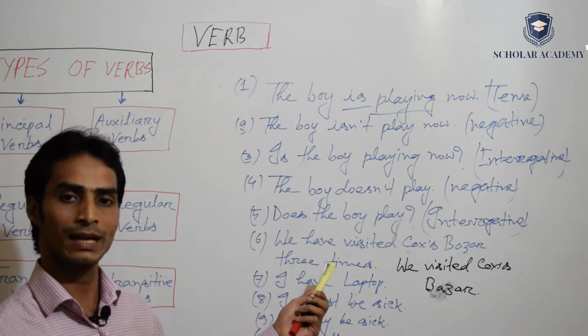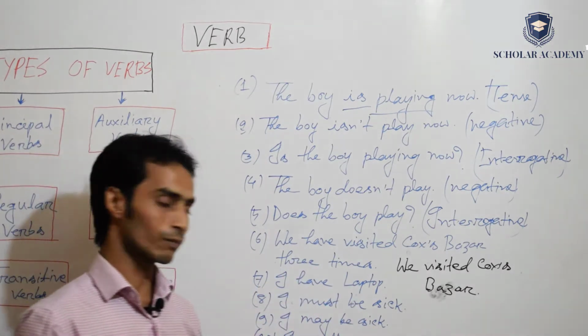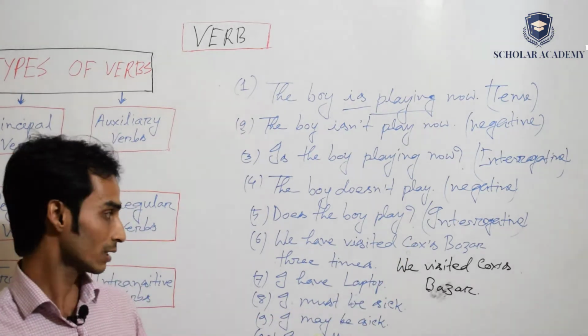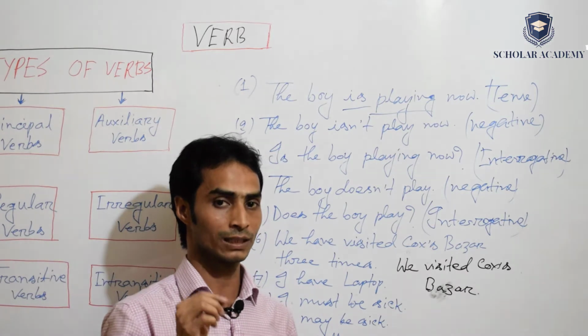But if we use have in that sentence, we can understand that we have visited Cox's Bazar 3 times in our whole life.